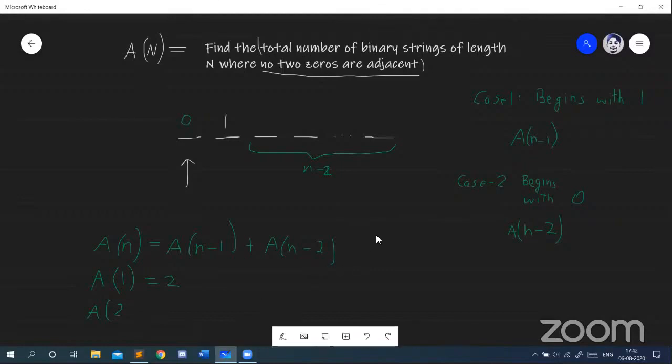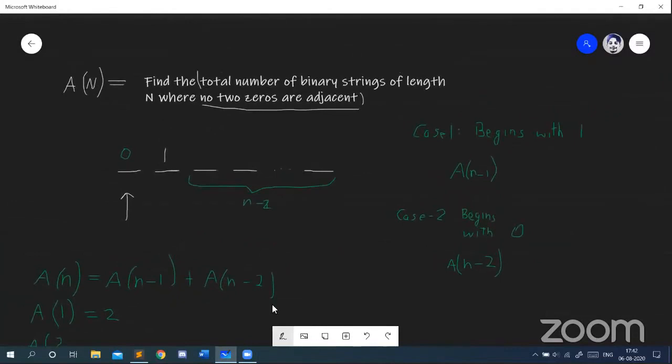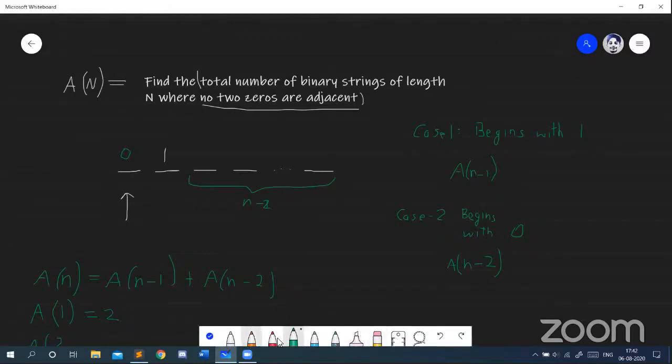Okay, I should re-explain case 2. All right. So what I'm saying is, the problem says that I'm not allowed to use two zeros which are adjacent. So if I were to begin my string with a 0, let's say I put a 0 here, then how many choices do I have here?